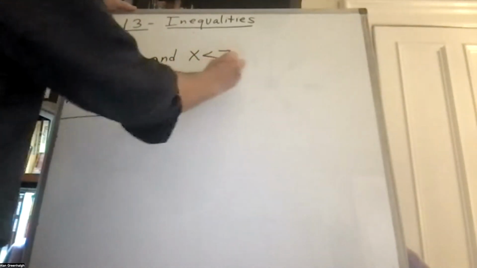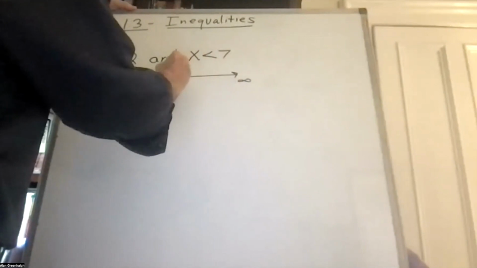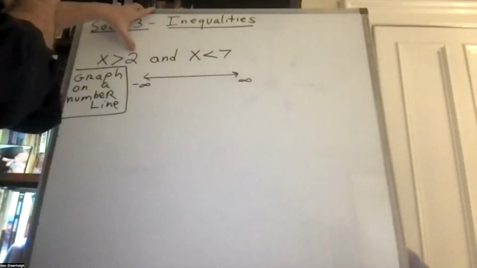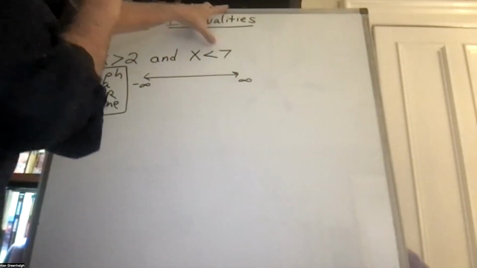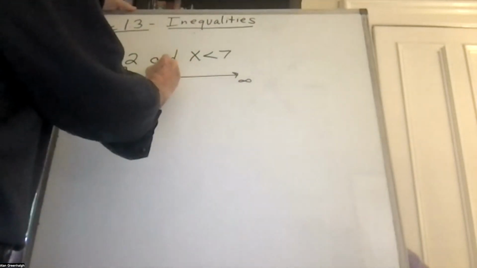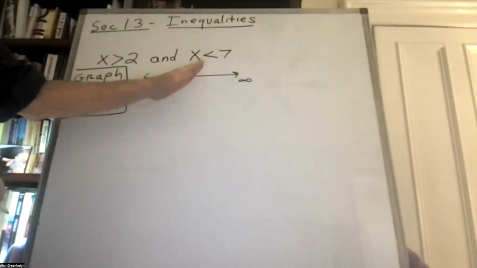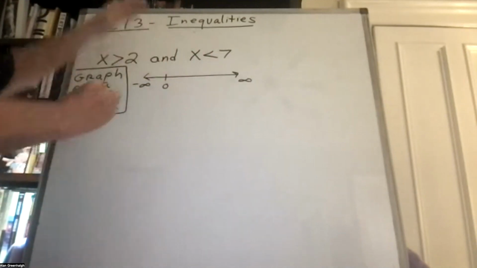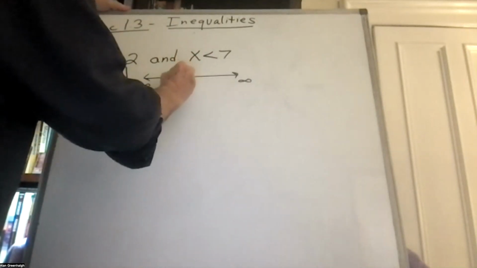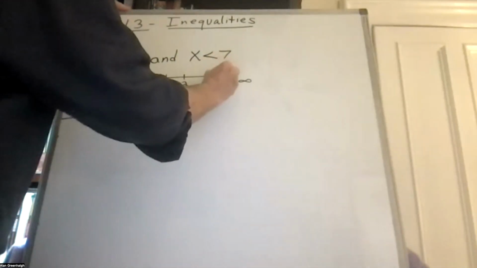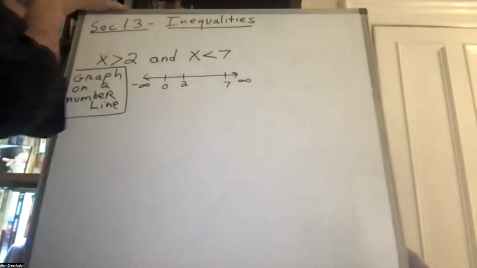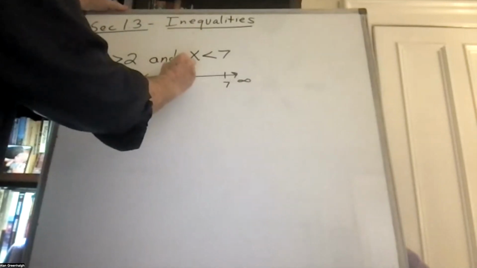Start it out by putting all the things that are important. Now you're talking about a 2 and a 7. So we could put the 0 sort of on the side, instead of putting it in the middle, well, that's just going to cramp your style here. So let's put the 2 here, the 7 here, both open circles.